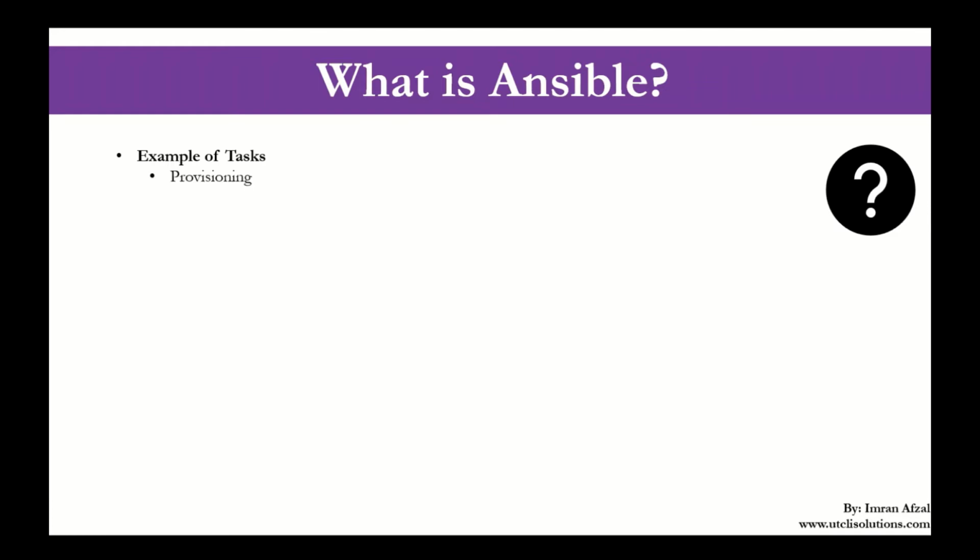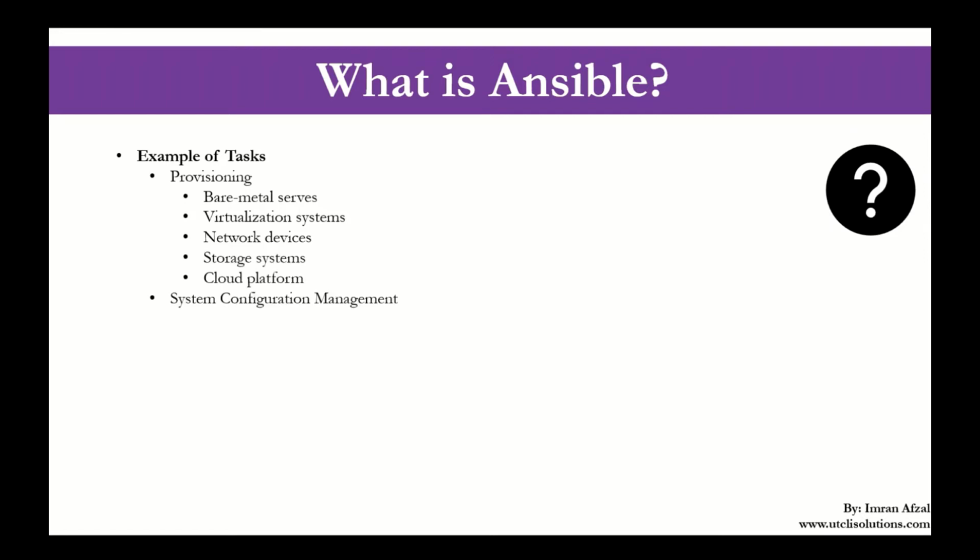Provisioning, which we already have talked about. You could actually provision your bare metal server, virtualization systems, network devices, storage systems, cloud platforms. Also, you could do system configuration, as I mentioned. What are examples of system configuration? Such as updates or upgrades, package installation, service configuration, stop, start, restart of any services that can be done using Ansible.